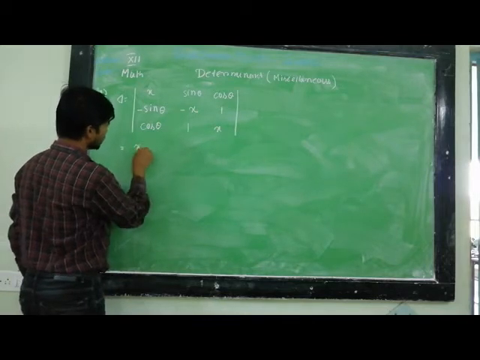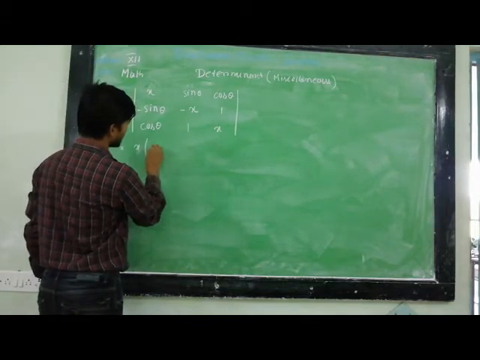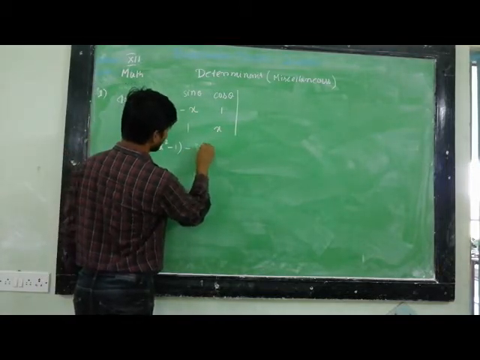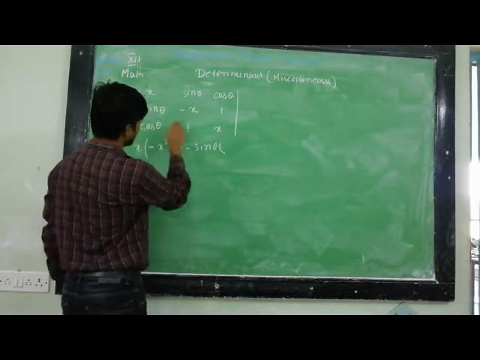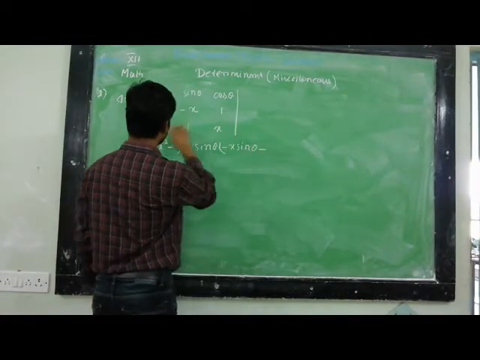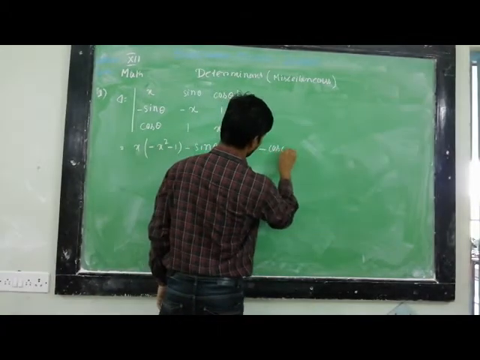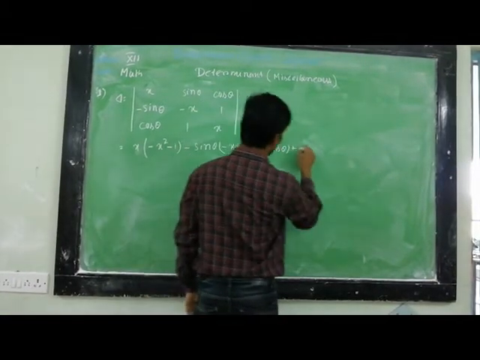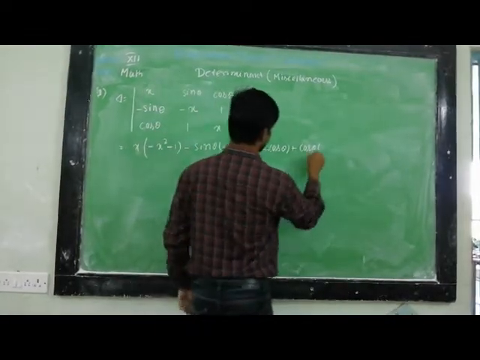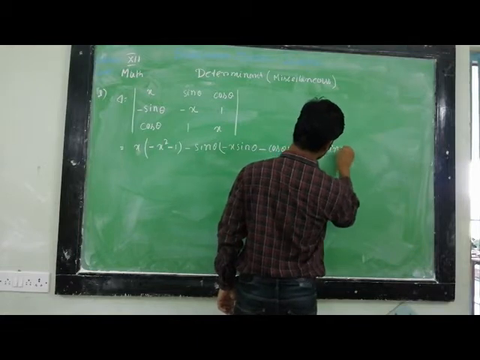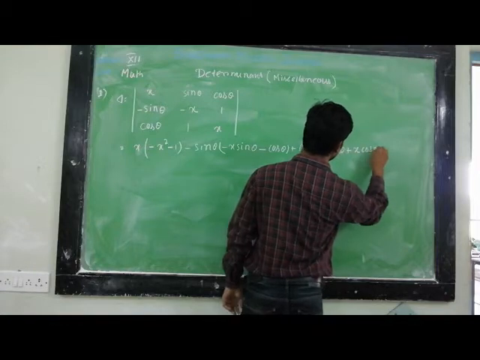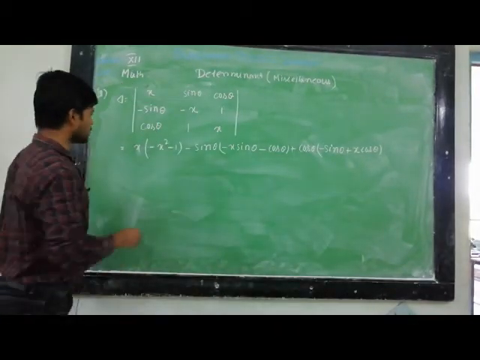Then we have x into (minus x square minus 1) minus sin theta into (minus x sin theta minus cos theta) plus cos theta into (minus sin theta plus x cos theta). Next slide, remove the brackets.